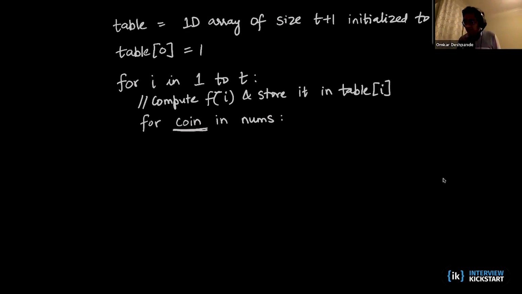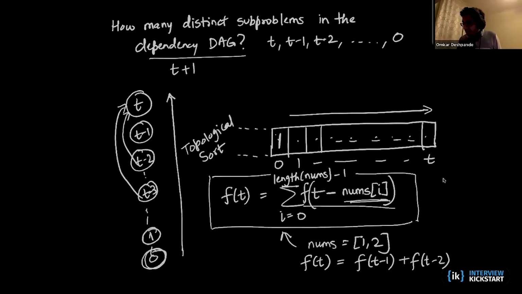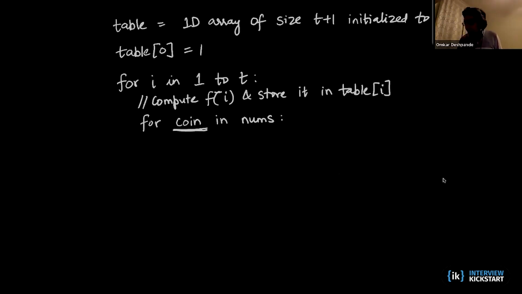So for each coin in nums, we are going to subtract this coin value from T. That will give us our subproblem size, and we will look up the solution in our table at the index i minus that coin denomination.